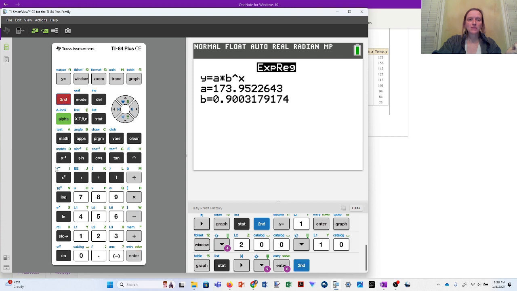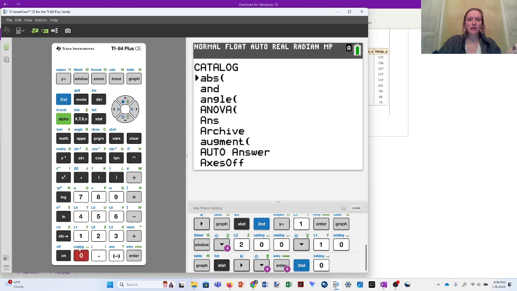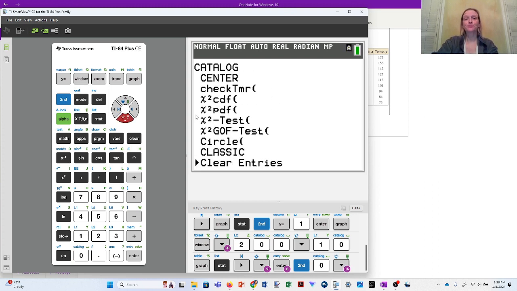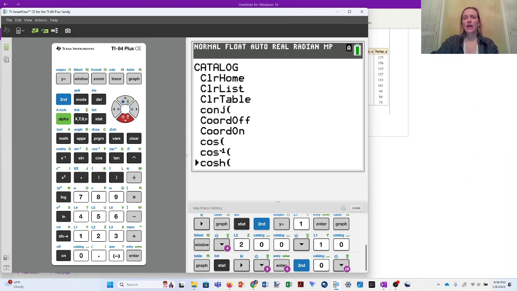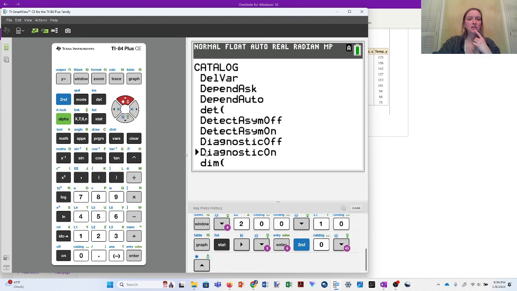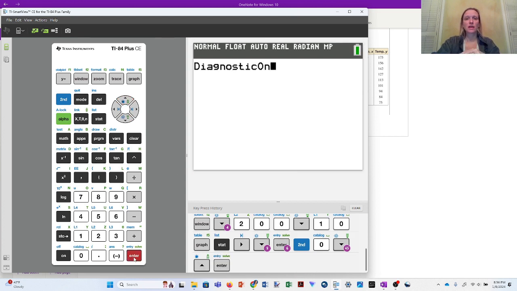So I'm going to click the second button and then the 0 because catalog is written here in blue. And you scroll down till you get to the D's. And the feature that you need to turn on is diagnostics. You want the diagnostics to be turned on. So I'll click enter and I'll click enter again.